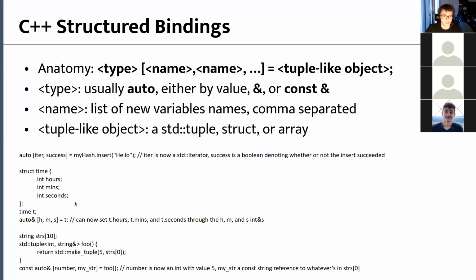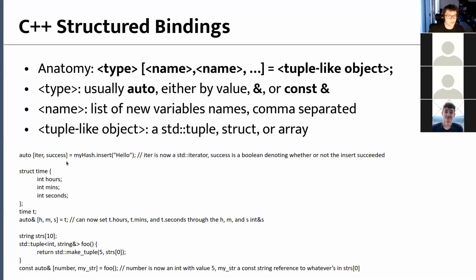So this is, I think, a great example here. I think these are actually all from CPP reference, if I'm remembering correctly. Yeah. So the insert function for hash tables returns an iterator to the inserted object and a Boolean determining whether or not the insertion was successful.